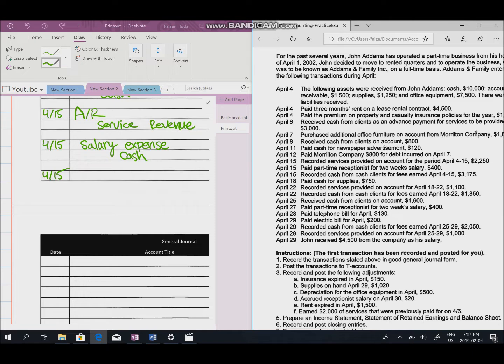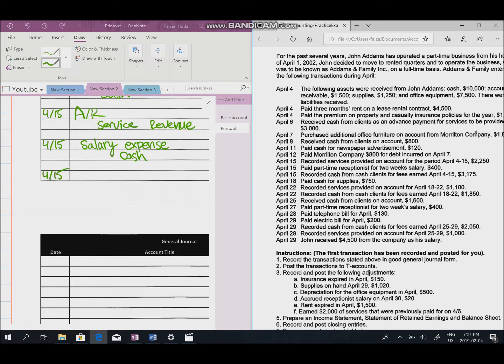So moving on to our next transaction, April 15. I have already written down my date. It says recorded cash from cash clients for fees earned April 14, $3,175. Basically, for this entry, my keywords are recorded cash and fees earned.